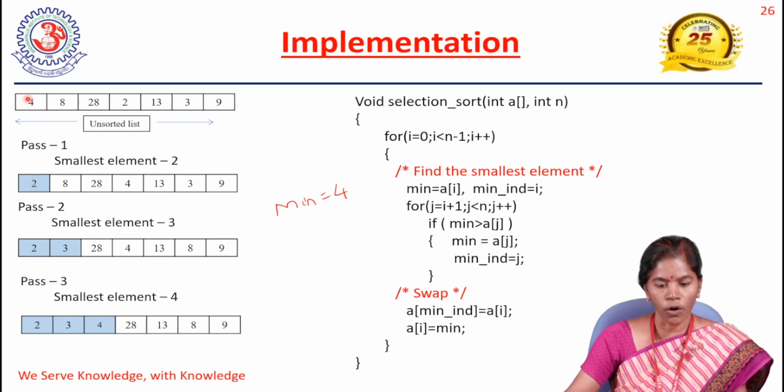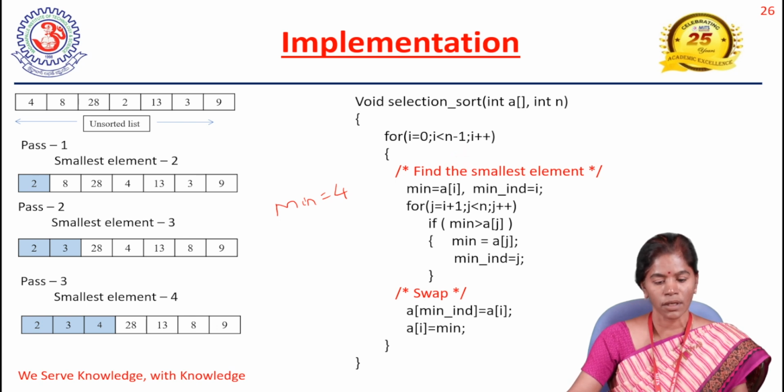And 4 is placed in the index position of 2, which is the min_int variable. So these two elements are swapped. Likewise, it is done in every pass. I want to remind you that once the n minus 1 passes are completed, the entire sequence is sorted.